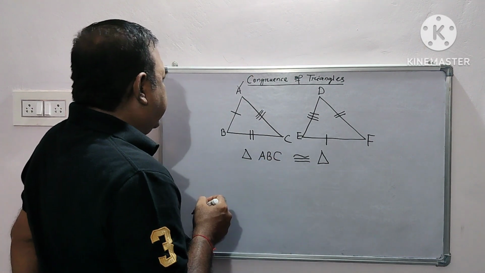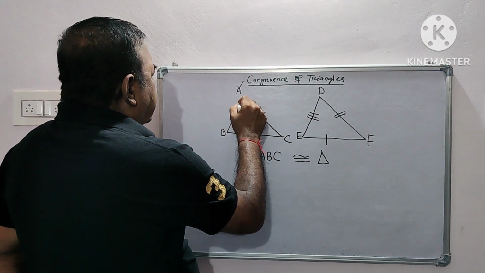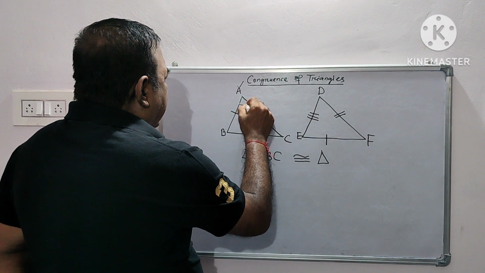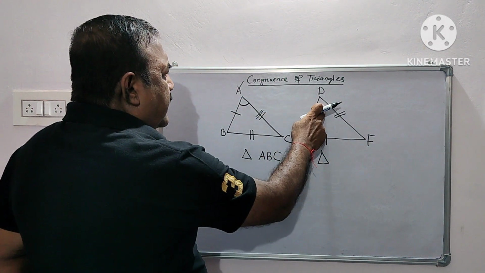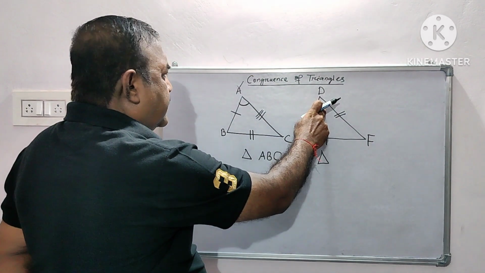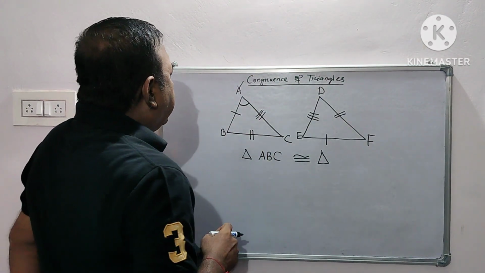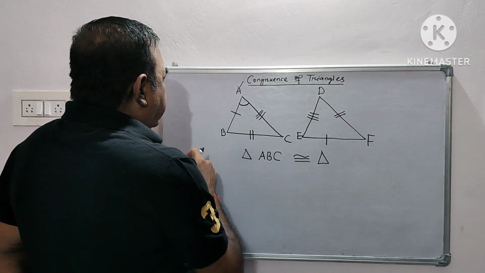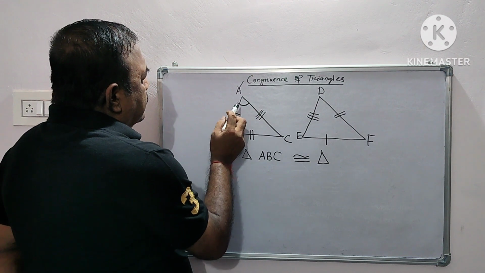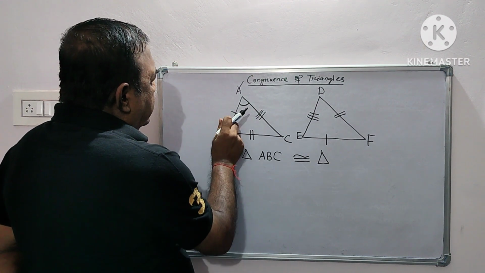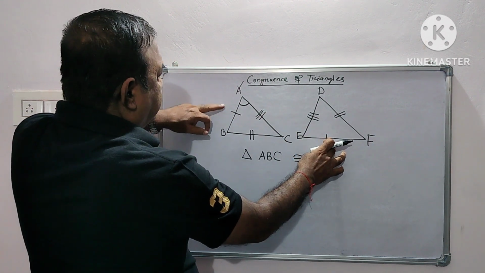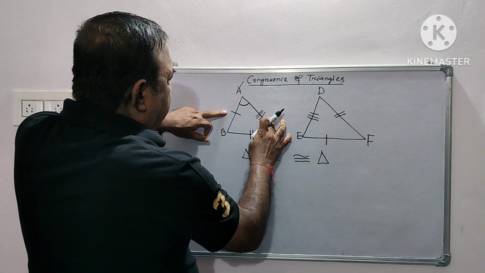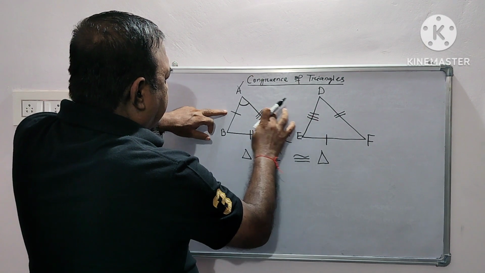First you see this angle is equal to which angle of the second triangle, as far as measure is concerned. Okay? From the sides, this side is equal to this side, and this side is equal to this side.